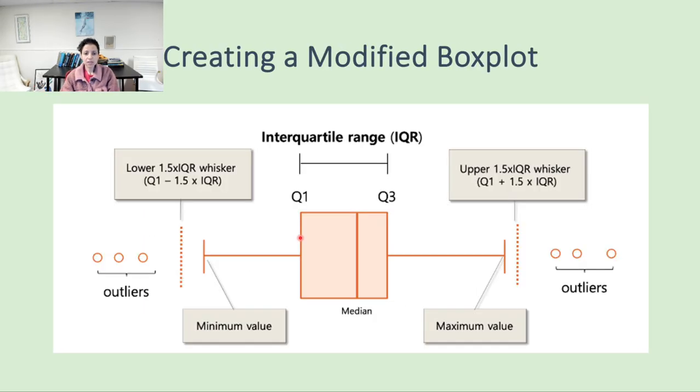So let's see what this looks like. When we have this box plot, we have our minimum, our maximum, we have our first quartile, third quartile, and our median, and our interquartile range. Now this line over here represents our first quartile minus 1.5 times the interquartile range. Anything below that line is an outlier.